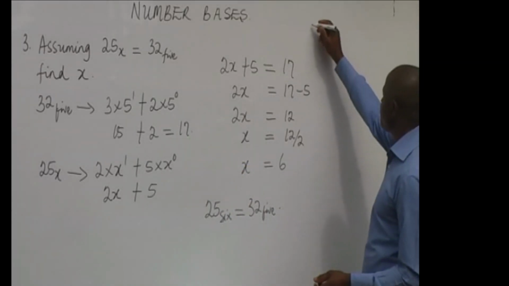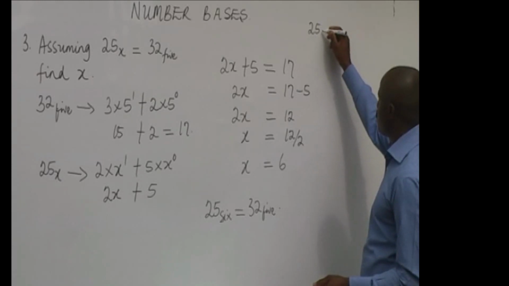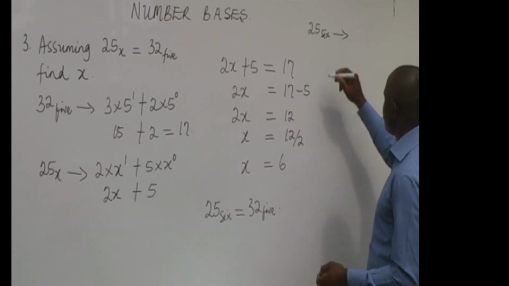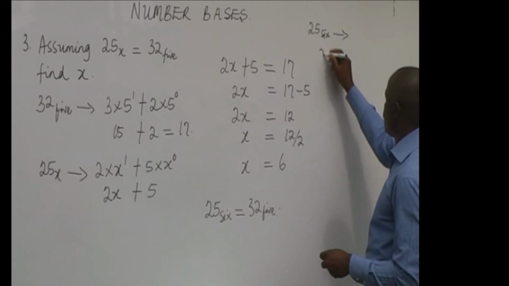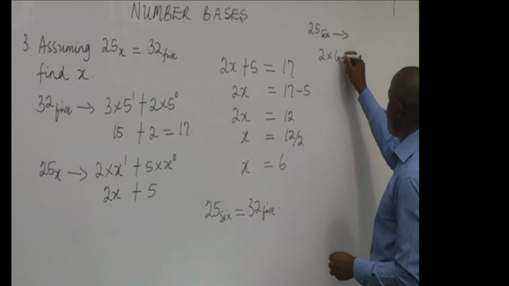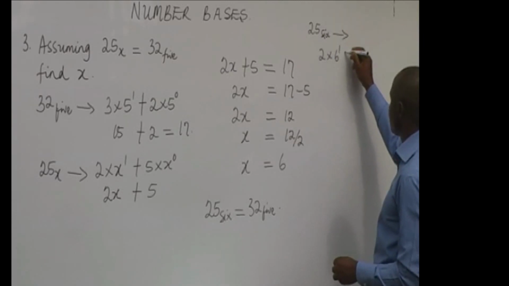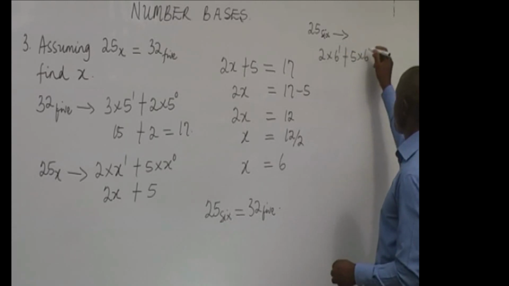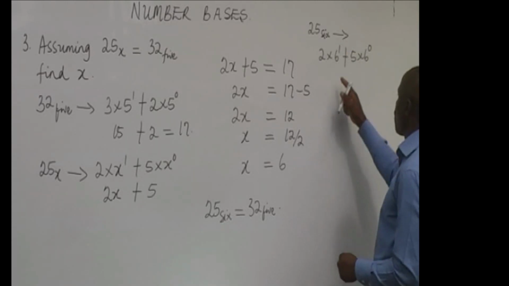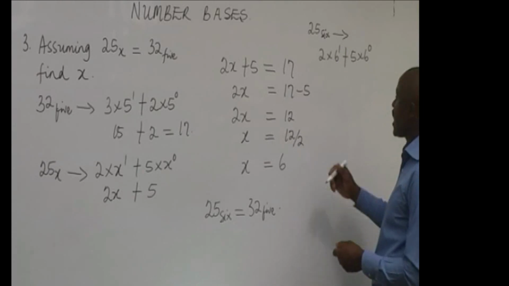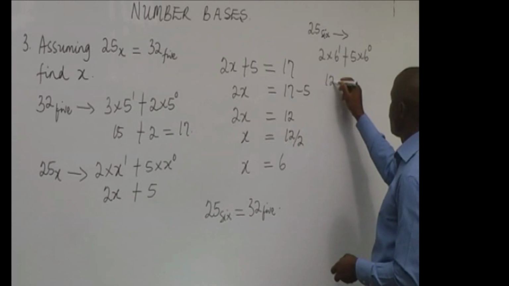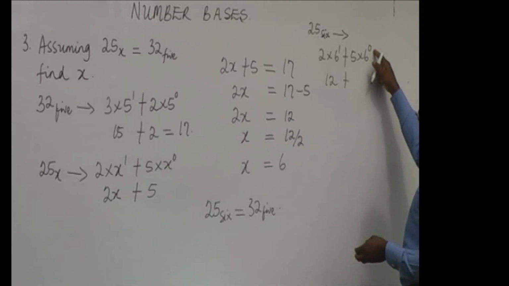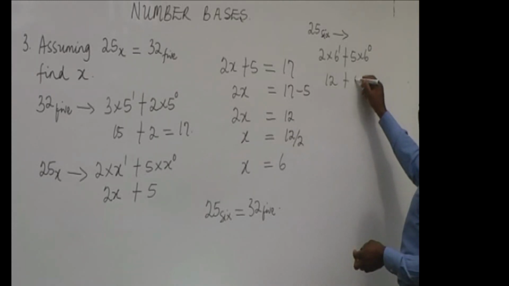So we have 25 base 6, which is going to be 2 times 6, the base, exponent 1, plus 5 times 6, the base, exponent 0. 6 exponent 1 is 6, times 2 will give you 12, plus 6 exponent 0 is 1, then 1 times 5 will give you 5.